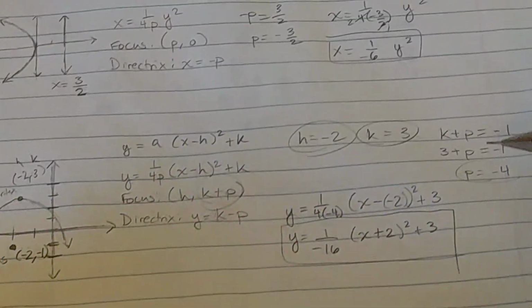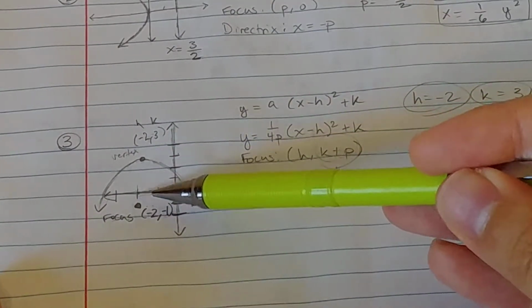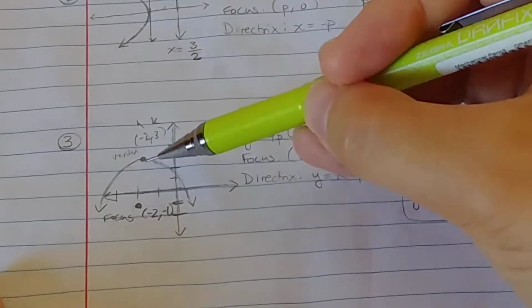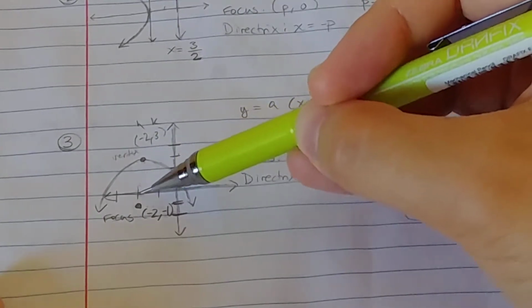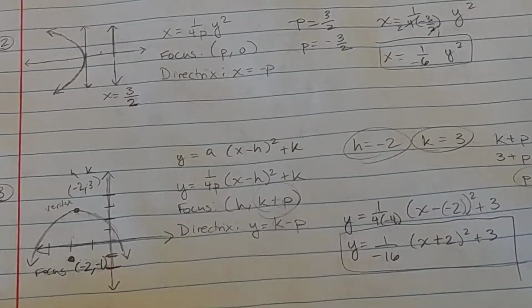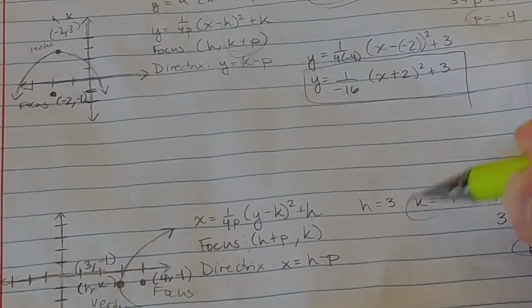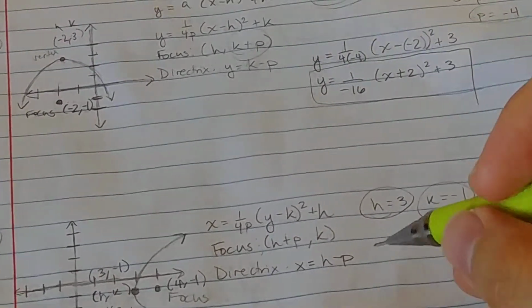That makes sense because the focus is only one space away from the vertex. Just like over here, our p is negative 4: from the vertex it goes 1, 2, 3, 4 spaces. That's all it's telling us, how far away it is from the vertex. P, k, h, plug it in.